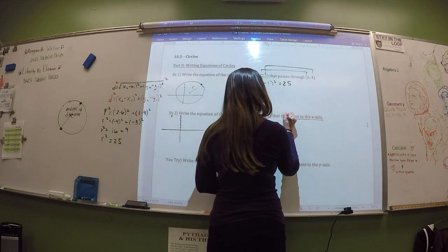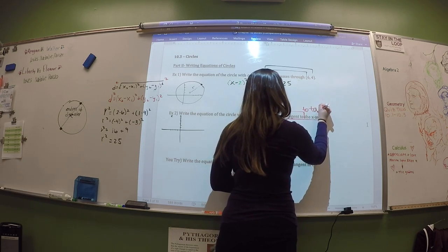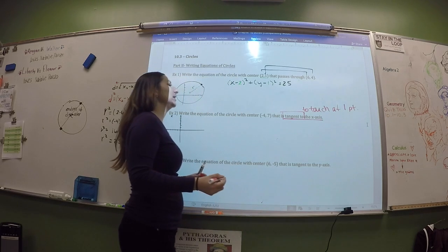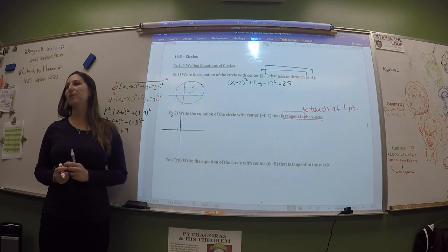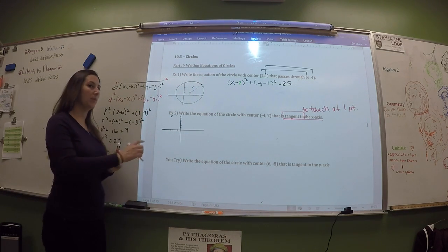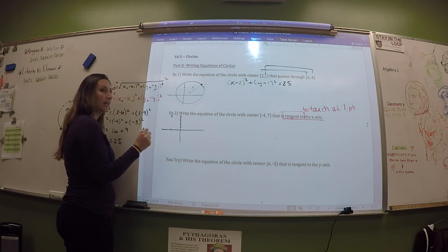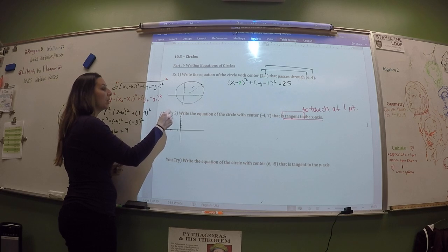So that's what tangent to means, to touch at one point. So where's the x-axis first of all? Below it, right here. It means that your circle has a point on the x-axis directly below your center, like so.